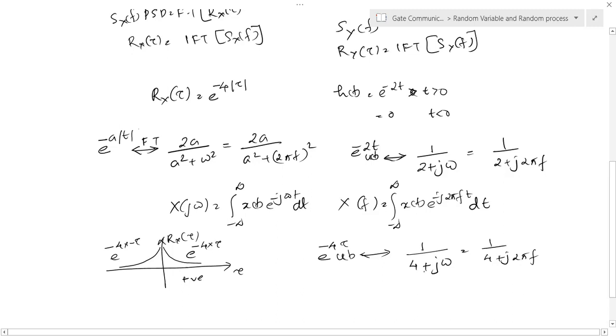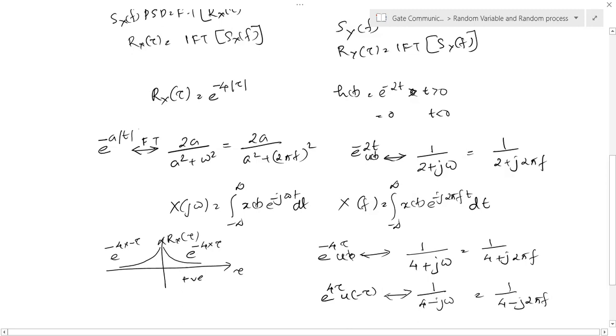For the negative side, it's e raised to 4 tau u of minus tau, which is a left-sided signal. Its Fourier transform becomes 1 by 4 minus j omega, or 1 by 4 minus j 2 pi f.